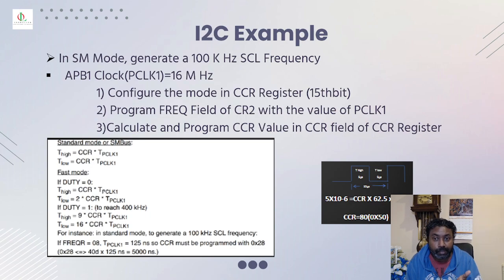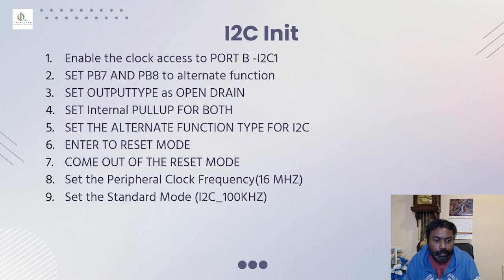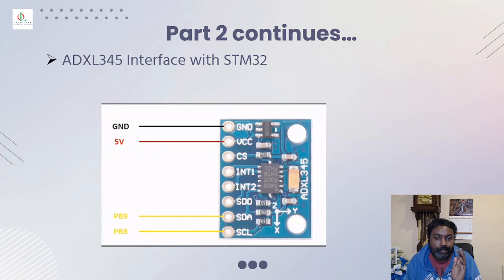And this is the example to get the CCR value for 16 megahertz and 100 kilohertz standard mode. This is the formula you have to follow and calculate. And these are all the steps. I just copied all these steps and showed you line by line how to write this code. And voila!